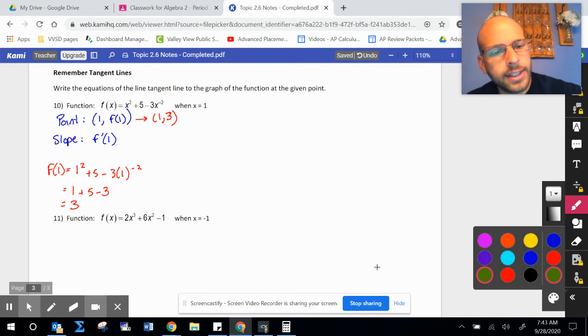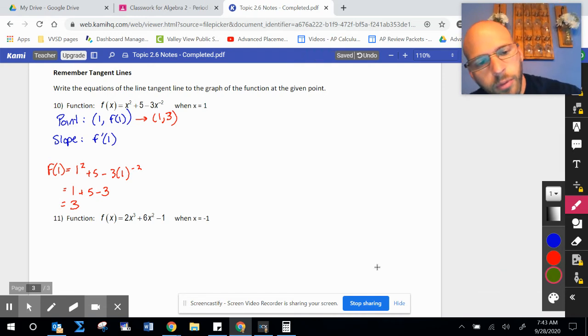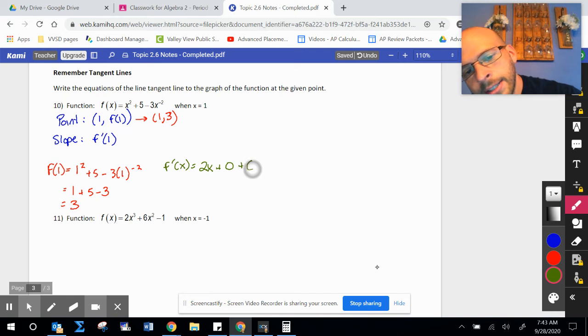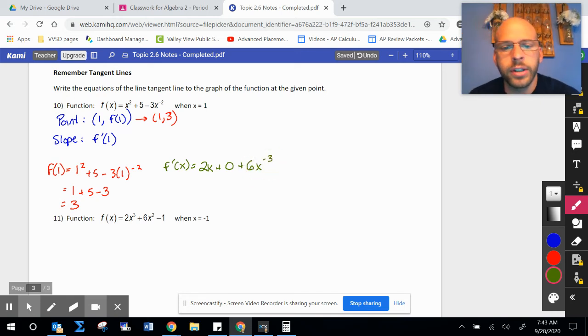And then my second, I want to know f prime of 1. So first let's figure out f prime of x. So the derivative of x squared would be a 2x. The derivative of 5 is a 0. The derivative of a negative 3x to the negative 2 would be a positive 6x to now the negative 3. Remember, you lower it a degree, subtract 1 from the exponent.